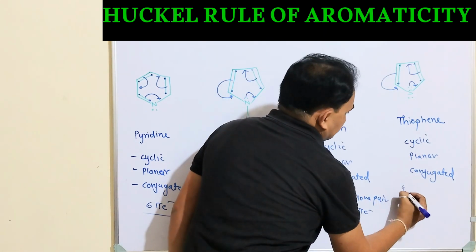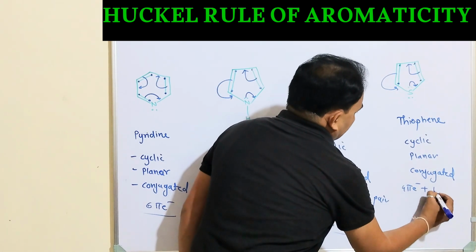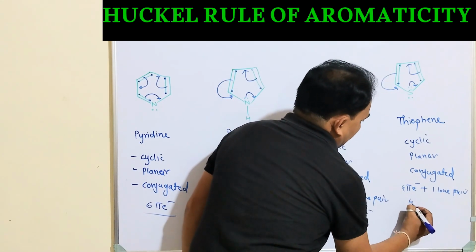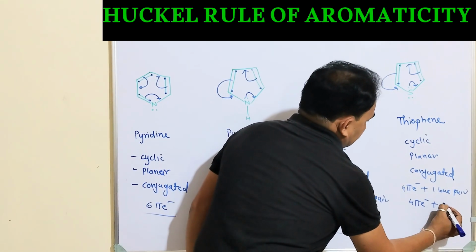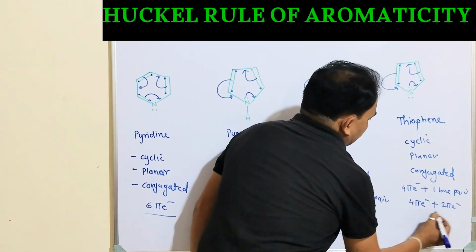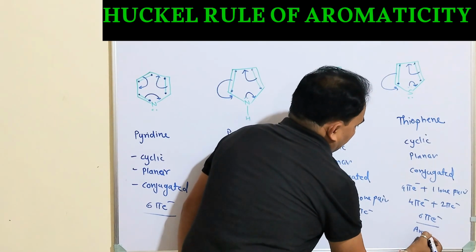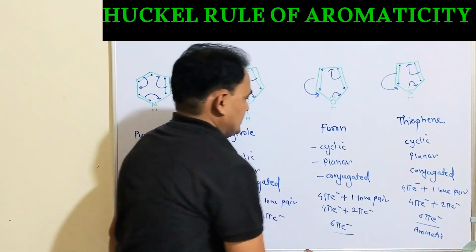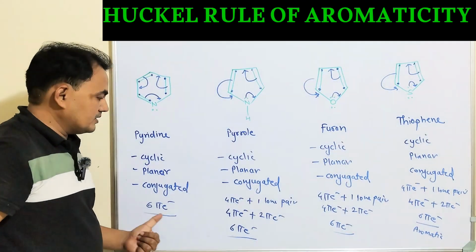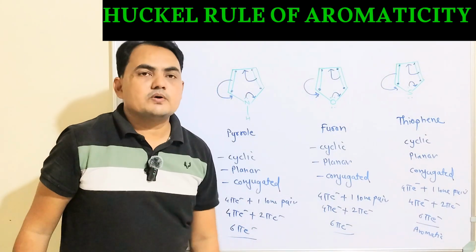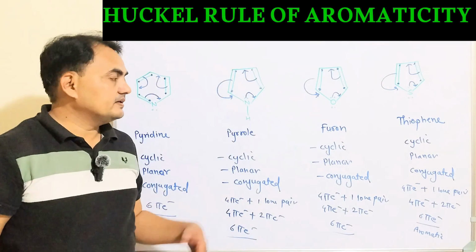Here also a similar condition: 4 pi electrons plus one lone pair means 6 pi electrons. That's why all these compounds consist of 6 pi electrons. All four compounds are aromatic in nature.